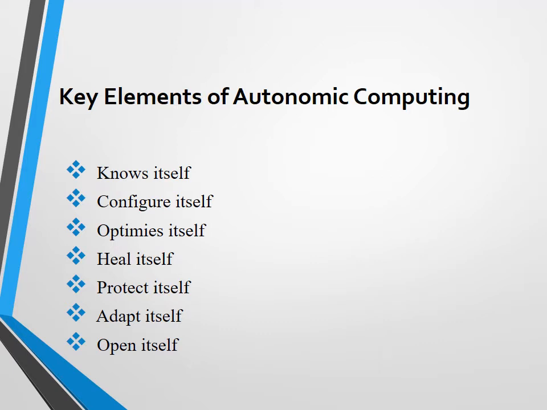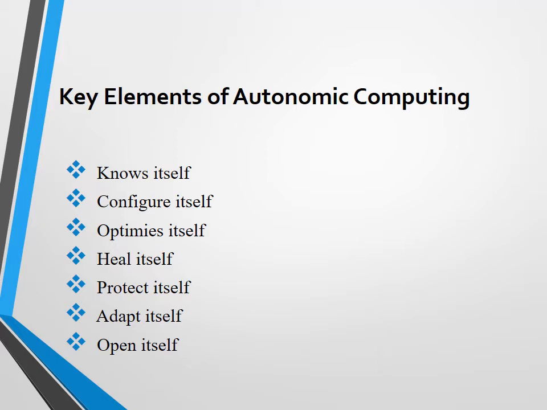Now comes protect itself. It must detect, identify, and protect itself against various types of attacks to maintain overall system security and integrity. Now sixth comes adapt itself. It will tap available resources, even negotiate the use by other systems of its underutilized elements, changing both itself and its environment in the process.